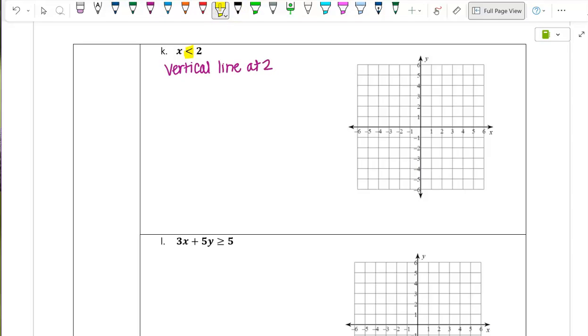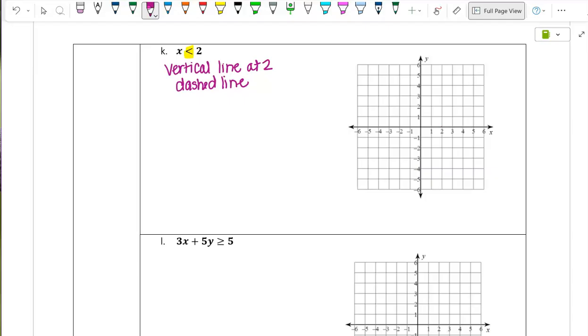And it is just a less than, so this is going to be a dashed line, which means any point on the line will not be part of the solution because a dashed line is not included.